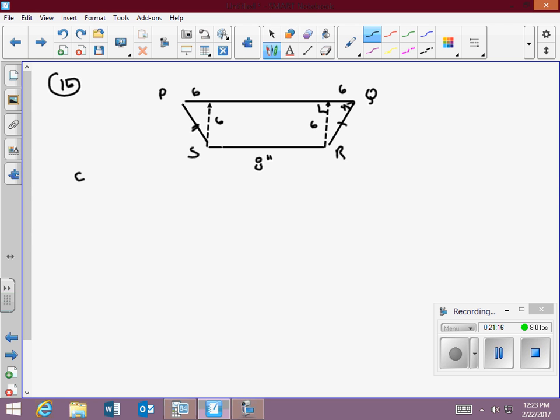That C is going to be the square root of 2 times 6. So now we can figure the perimeter by just adding up the distance around the sides. Now this is 8 inches. So this total distance here has got to be 20 inches.